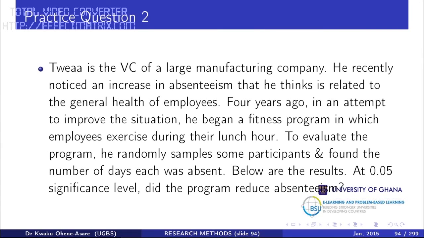And to evaluate 4 years down the line, he wants to evaluate the program. So he randomly samples some of the participants and found the number of days each was absent. Now below are the results. I'm going to show you that. At 5% level of significance, the question is, did the program reduce absenteeism?